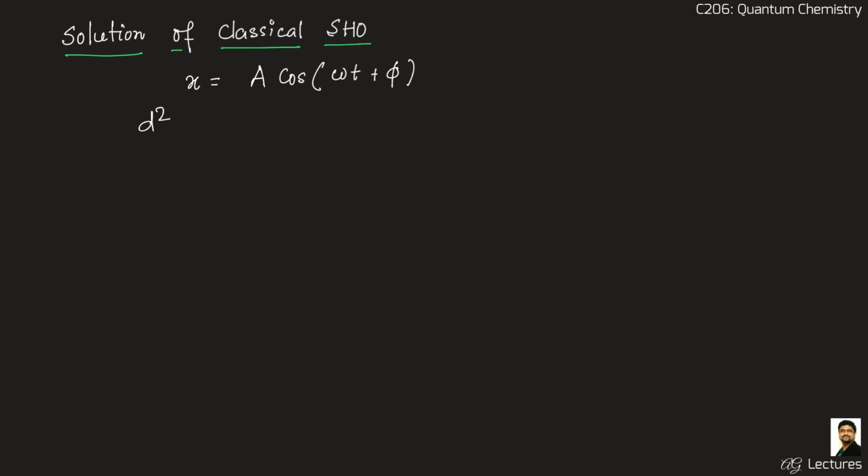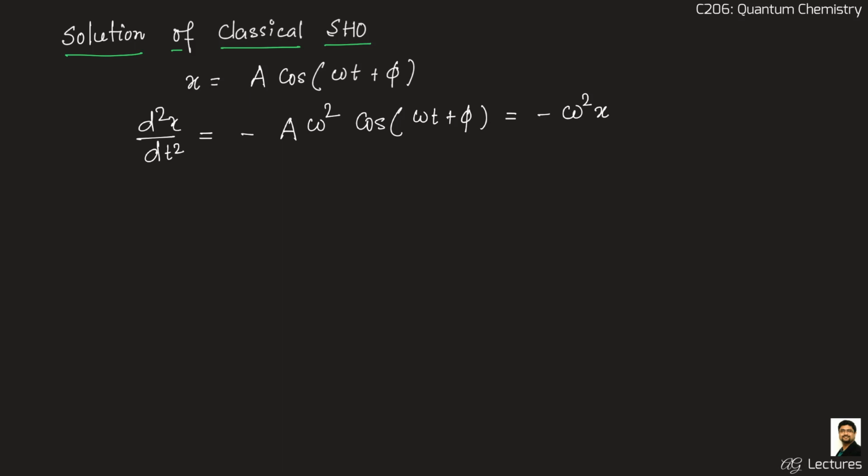So if we just do d2x/dt2 of this solution, we get minus A omega square, and then cosine comes back, cos(omega t plus phi), and that can be written as minus omega square into the same x.